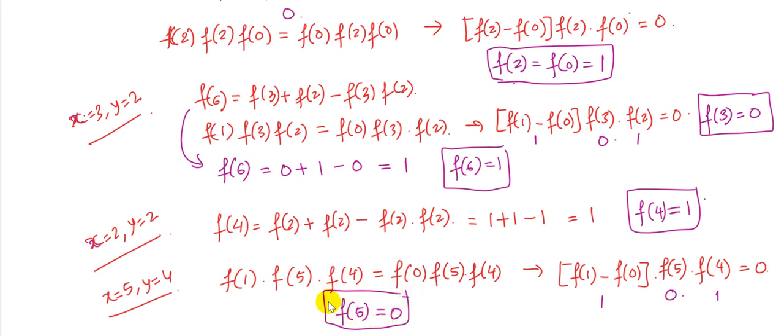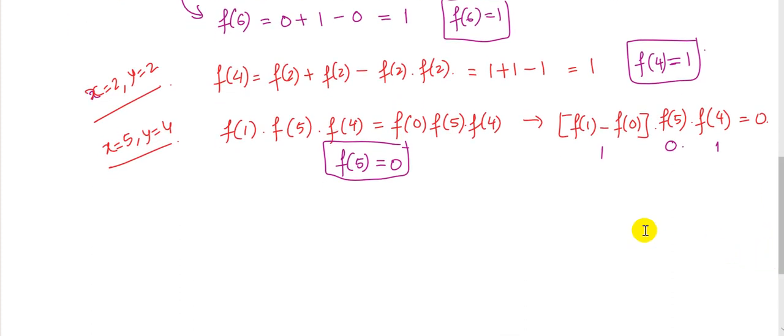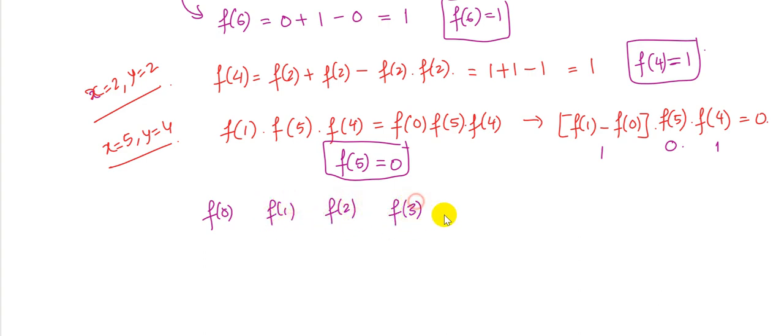So now if I write all the terms in a series, we have f of 0, f of 1, f of 2, f of 3, f of 4, f of 5, f of 6, and so on. It starts with 1 and then 0, then 1, 0, then 1, 0, 1. So the series continues like this.